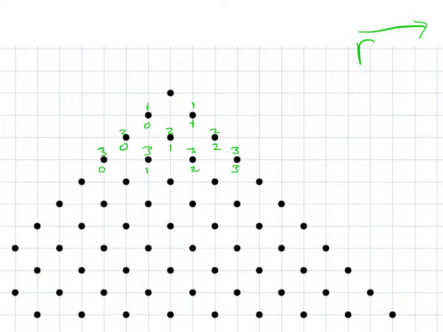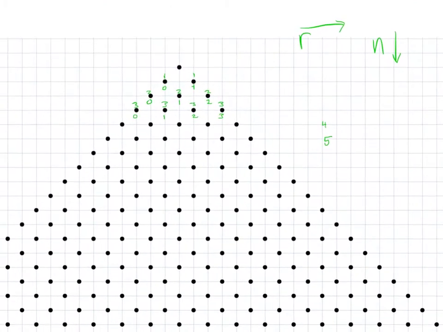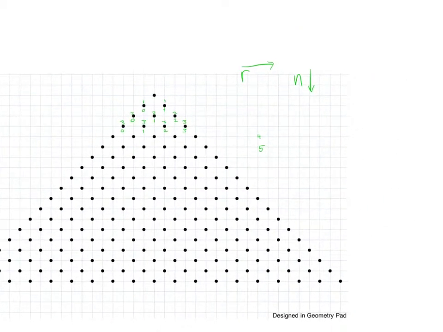What we come to is n equals 4, n equals 5, and so on. The whole point of me labeling these carefully is I want to get all the way down to 15. Right? Okay.